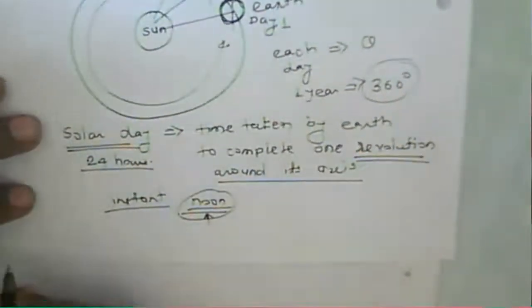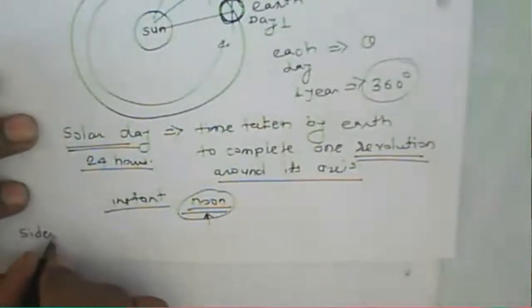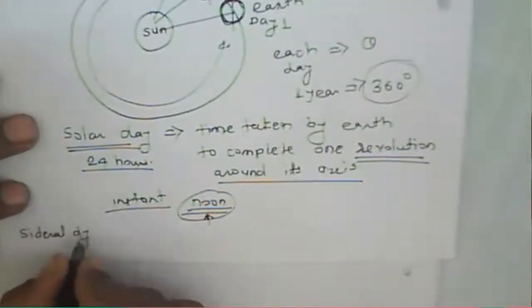around its axis is called a sidereal day.